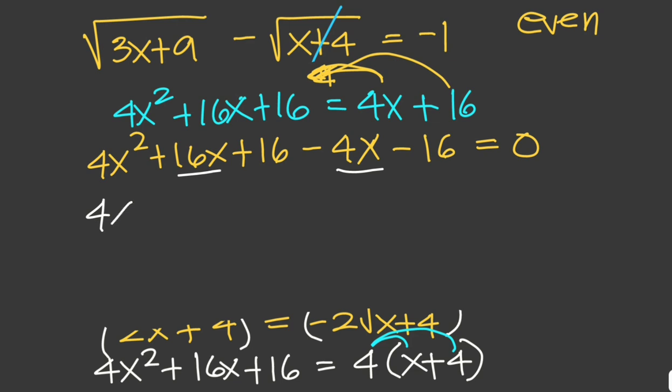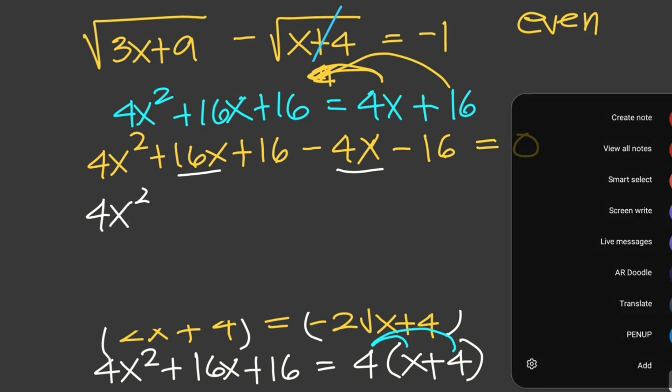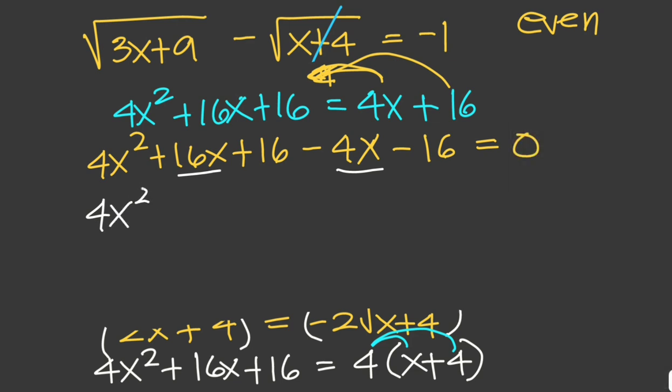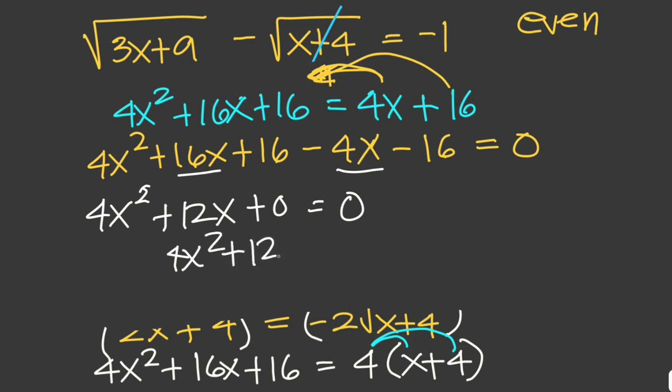We just have to copy 4x squared. Then 16x minus 4x is equal to 12x, then 16 minus 16 is 0 equals 0. And now we're left with only 4x squared plus 12x equals 0.